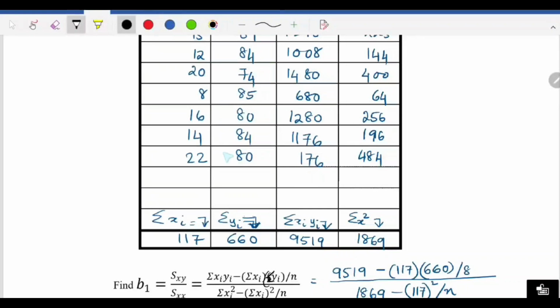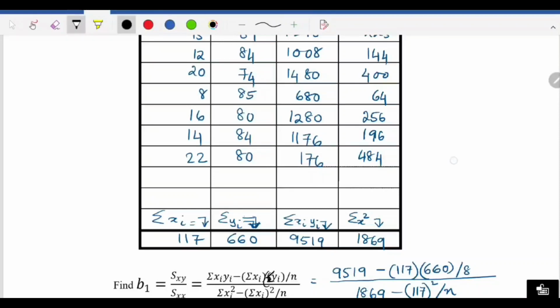Again, always make sure or double check that you've added these values correctly, because if you miss one value, you will get a wrong value for the sum total, and that will mess up your entire work below.